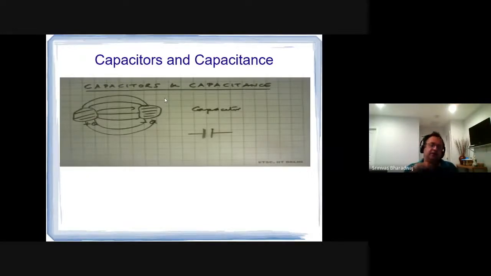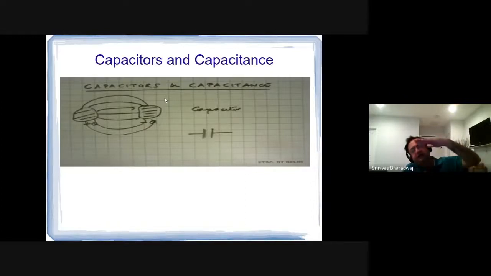Inside the capacitor, one plate is charged positive and the other plate is charged negative, right? Now, whatever medium is there inside the capacitor, the elements in that medium, which normally don't have any charge, will then experience a certain amount of what we call polarization.